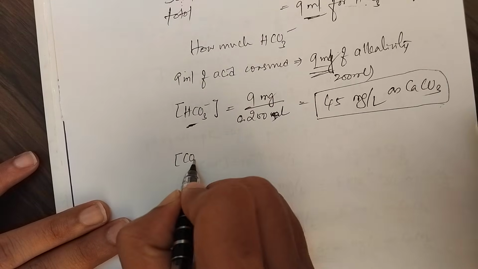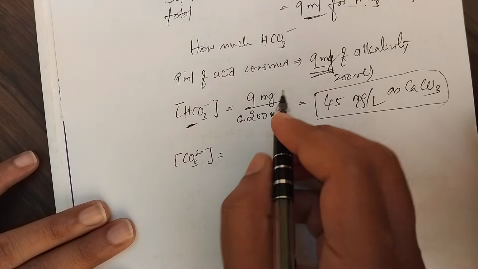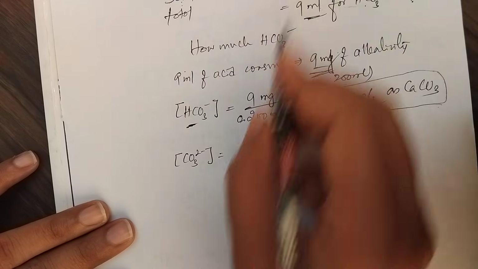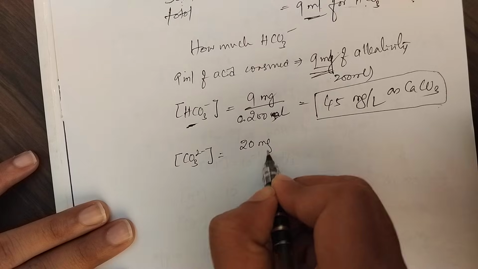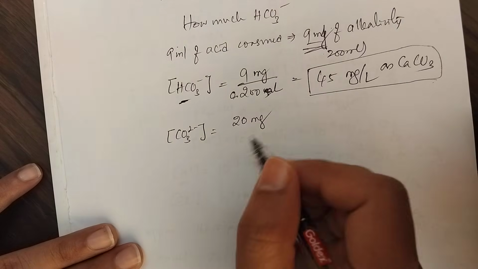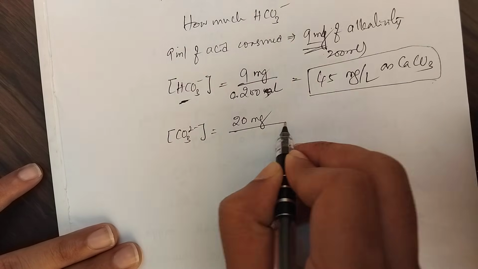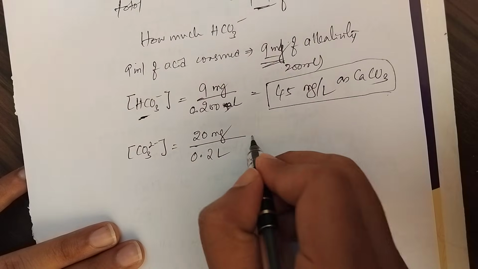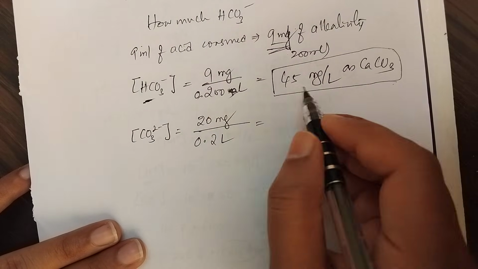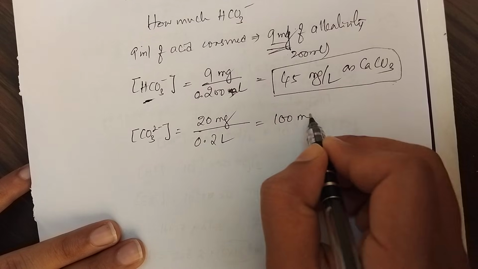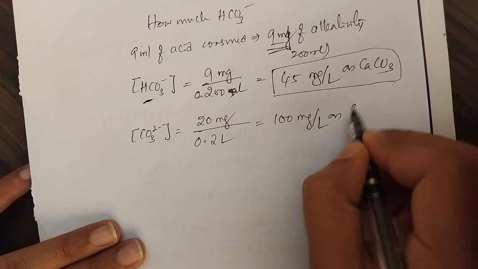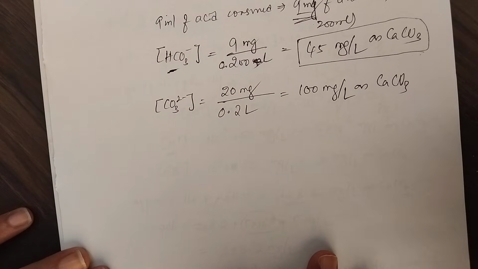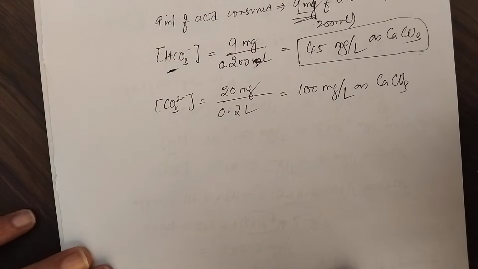In the 200 ml sample, 20 milligrams of CO3 2 minus is there, present in 0.2 liter sample, which would be 100 milligram per liter as CaCO3. So we have calculated the concentration of all three quantities.